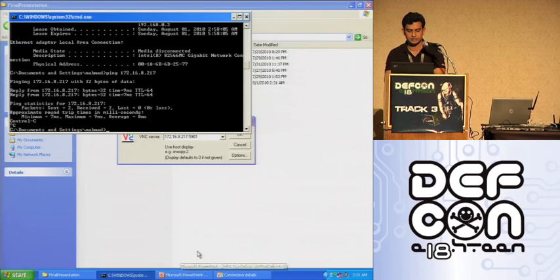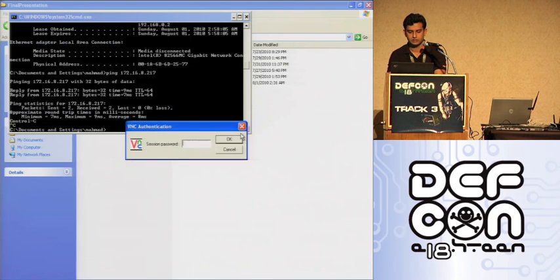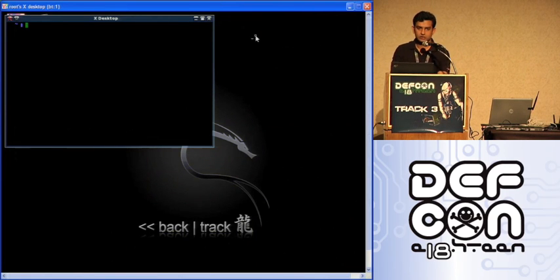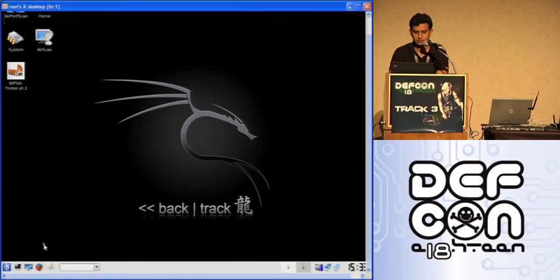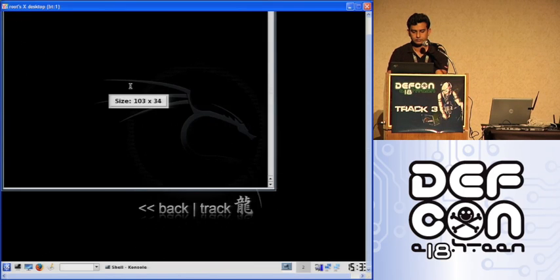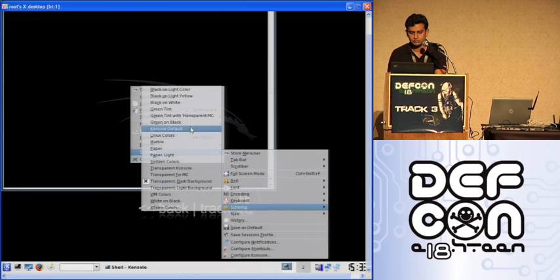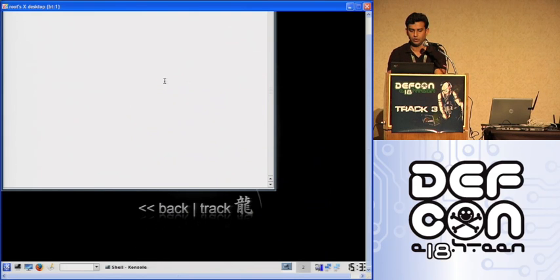Okay, so my machine is accessible, so we can access this. This is the BackTrack running machine which I'm going to use to launch the attack. Okay, perfect.